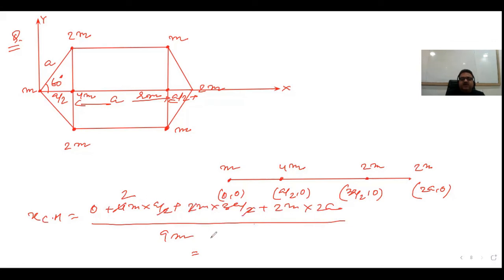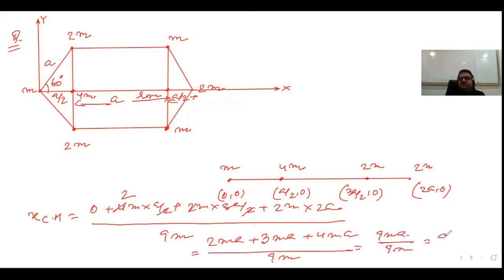So 2mA plus 3mA plus 4mA by 9m. Now 4 plus 3, 7 plus 2, 9mA by 9m. What is that? That is equal to A. So this location of center of mass is A, comma 0.